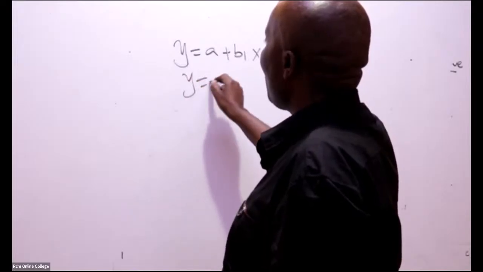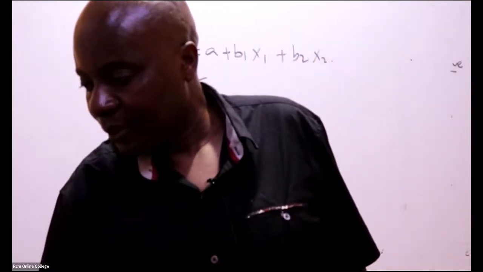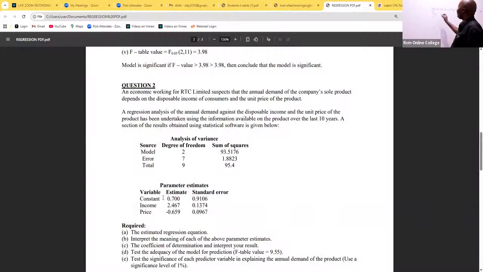So y will be equal to a, which has been given in the question. A is 0.7, plus b1, which is 2.467 x1, plus b2, which is negative, so minus 0.659 x2.